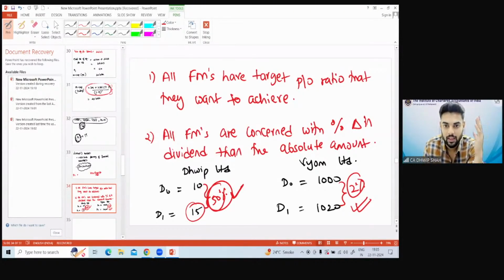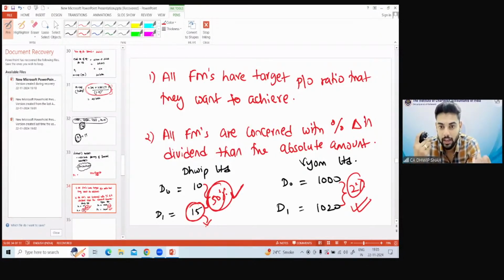If last year it was 10 and now I give a growth of 50%, can I say investors will get a feel that yes, this company is giving a growth of 50%? So next year they would expect growth of 50% on this 15. And next year you may not get 50% growth. Are you getting this?